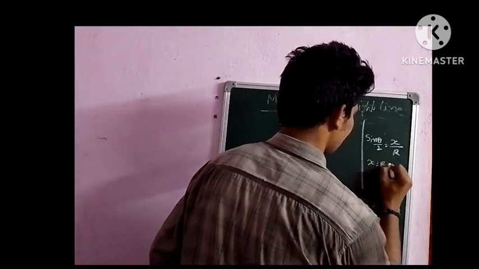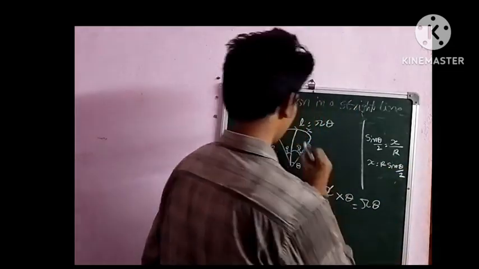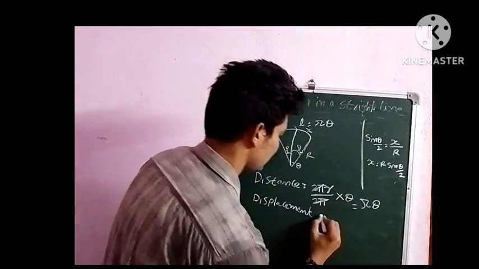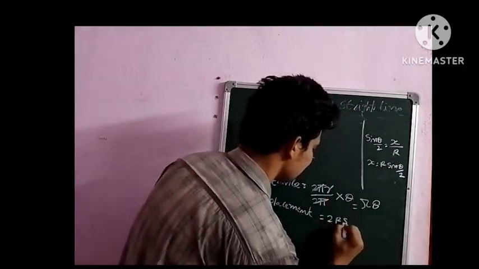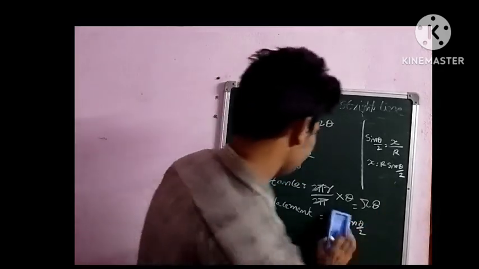X is equal to r sin theta by 2. X plus X, 2X, is 2r sin theta by 2.